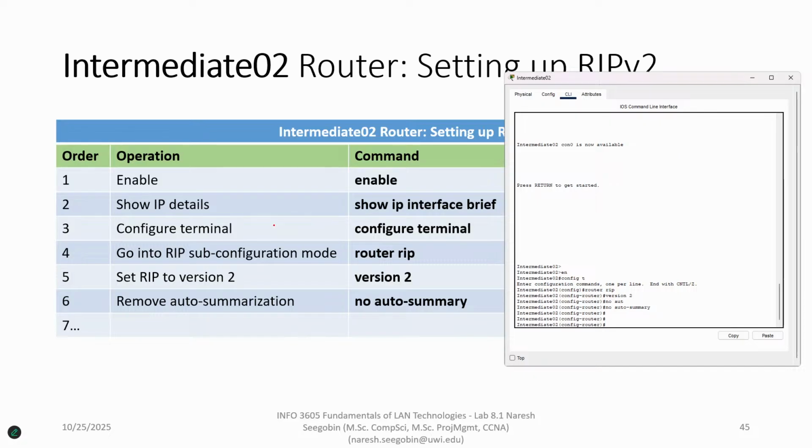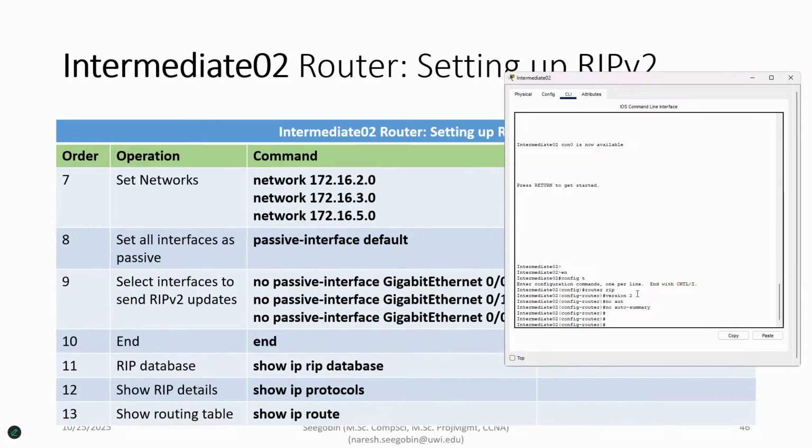All right, no auto summary. All 172s, right? Because I could have just entered 172.16.0.0 and it would work, right? But I'm doing this because I want to make sure I have this information done correctly for other routing protocols.